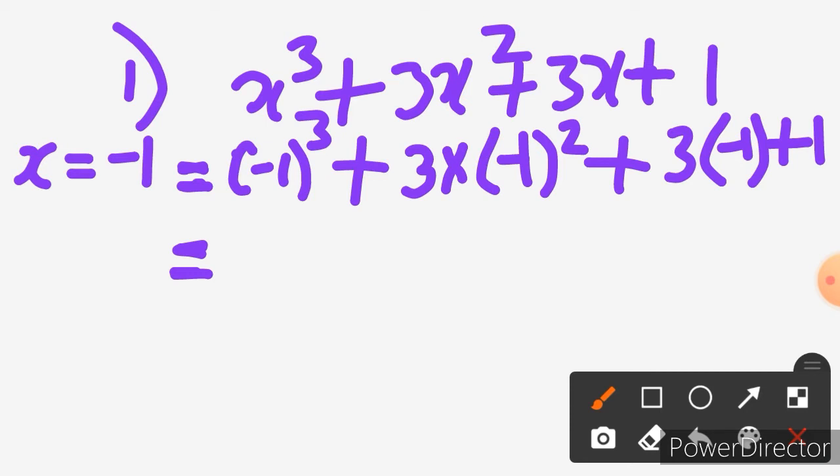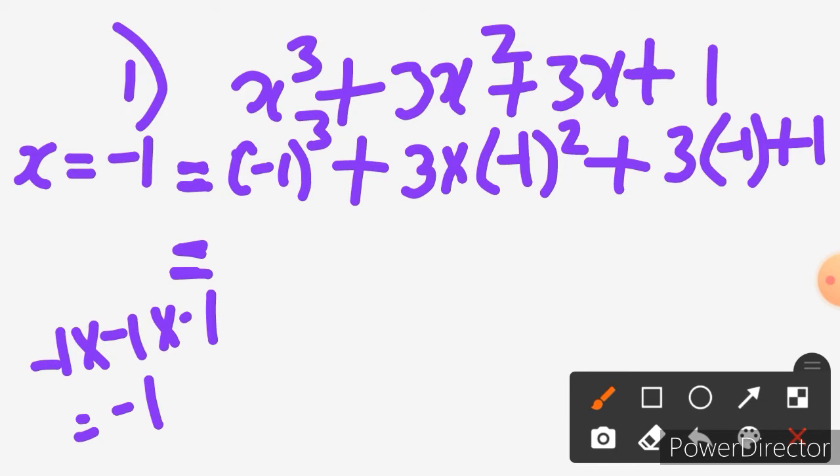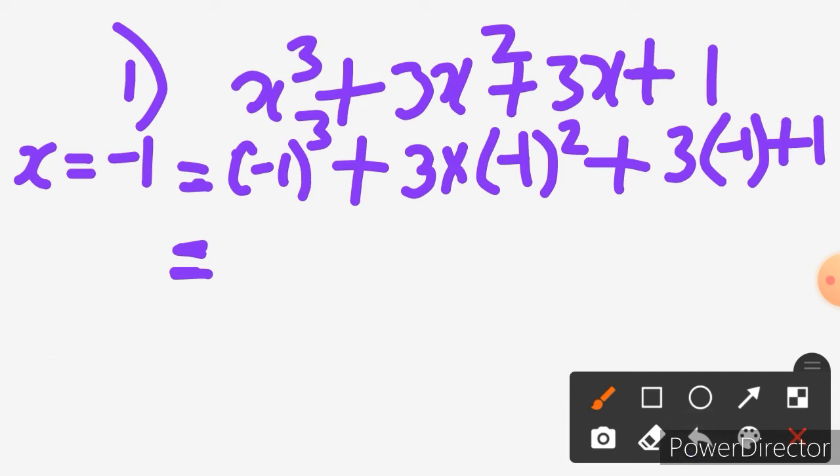So minus 1 whole cube: minus 1 times minus 1 times minus 1, if you multiply it 3 times, we will get minus 1 itself. Why? Because a negative number raised to an odd power will always give you a negative number itself.